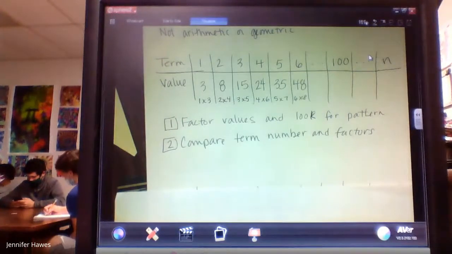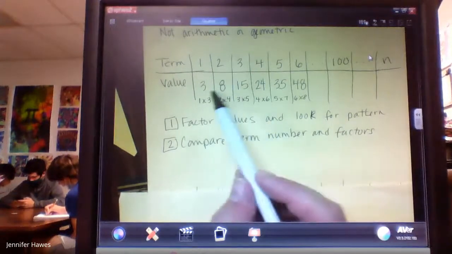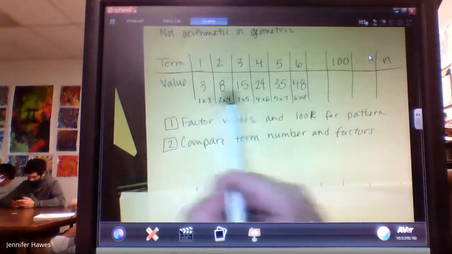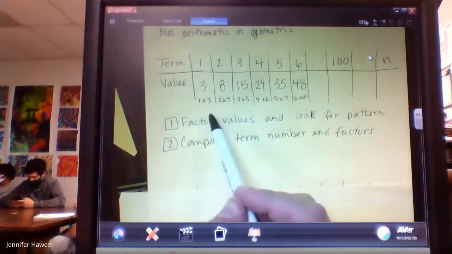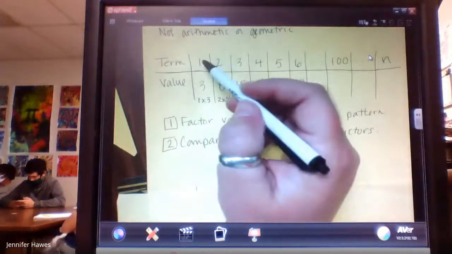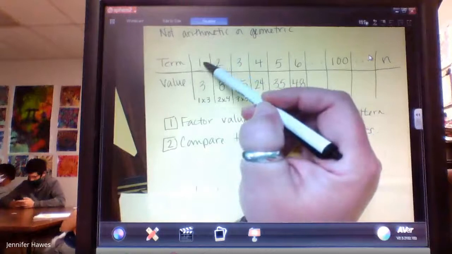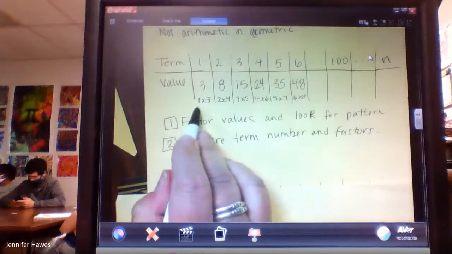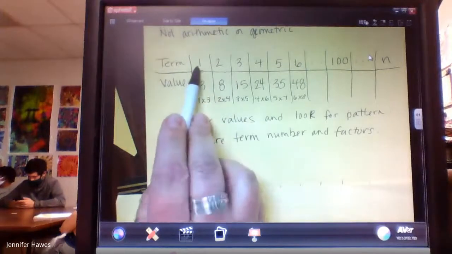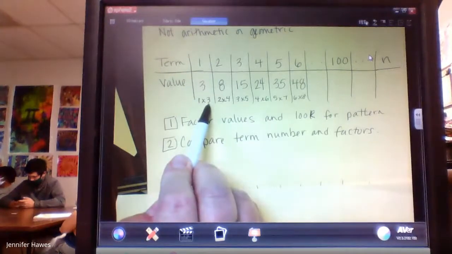Okay, and then this is where we're going to write our little rule from. Because basically what I did was just rewrote these values right here as this. So now you're looking at, what do you know about this number and that number? They are the same.